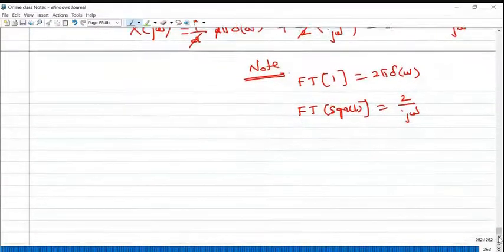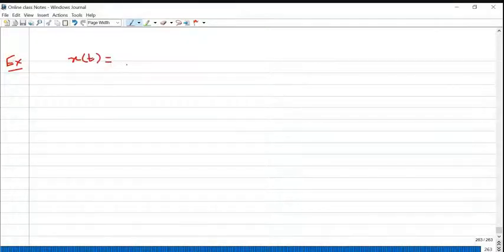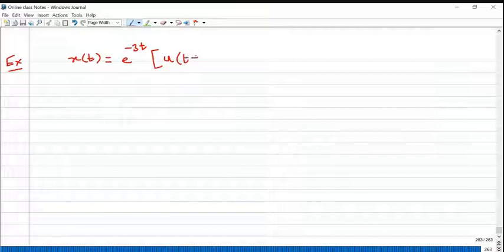Right. Next problem. Find the Fourier transform of x of t equal to e power minus 3t into u of t plus 2 minus u of t minus 3.